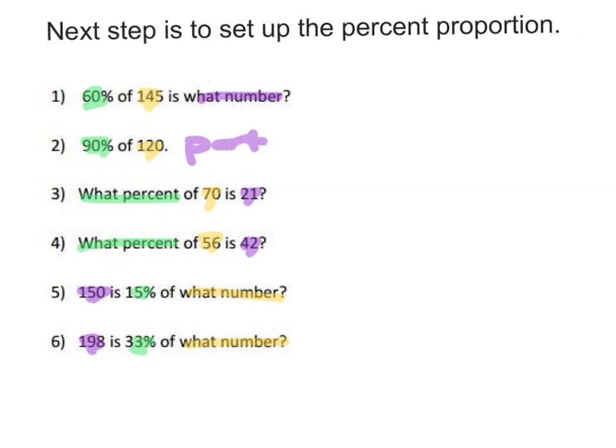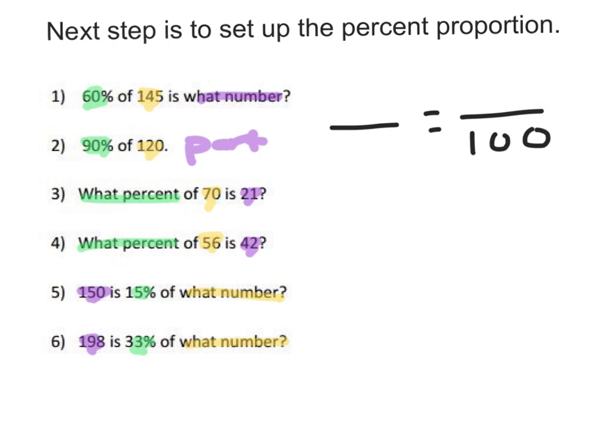So now that we've identified all of our pieces, the next thing that we're going to do is we need to set up this proportion. We know that the basic outline of all of these percent proportions, we have our two ratios set equal to each other. Every time, our percent is going to be out of 100. This is the format that you can follow for every one of these problems.